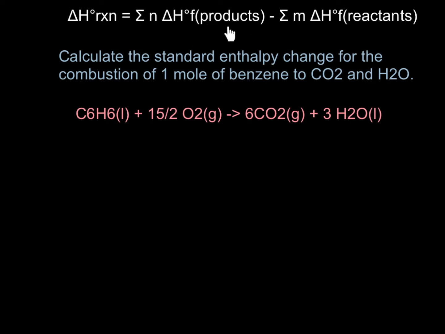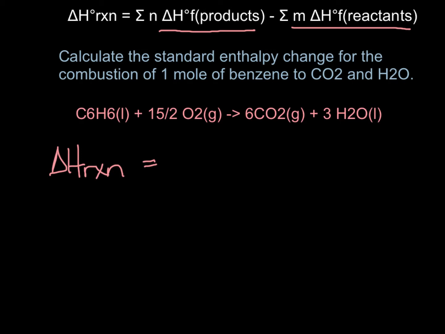And the delta H formation of all of the species present in this reaction are listed in Appendix C of the textbook. So using our equation, the delta H for the reaction is going to be equal to the sum of the delta H of formation of the products minus the sum of the delta H of the reactants.